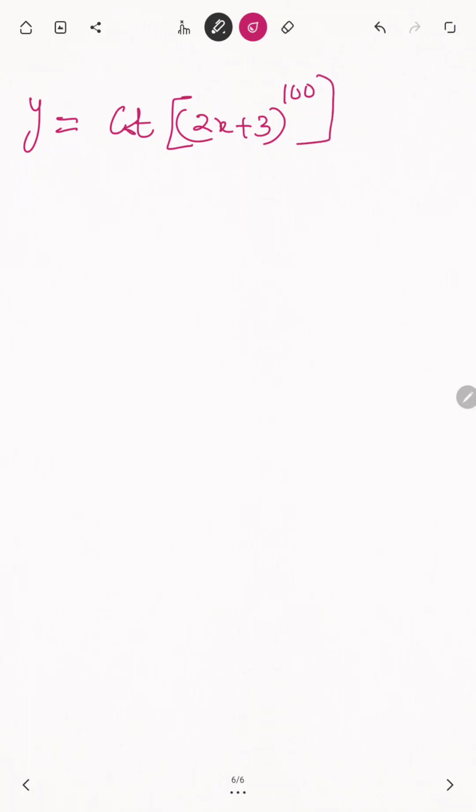Okay. Next one. y is equal to cot of 2x plus 3 whole power 5. See, this is actually cot power 5 of 2x plus 3.